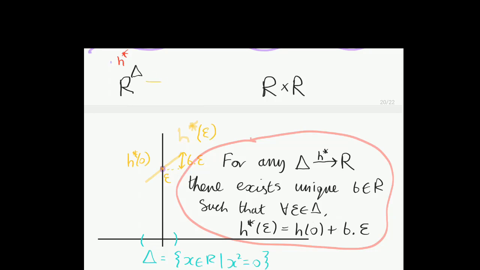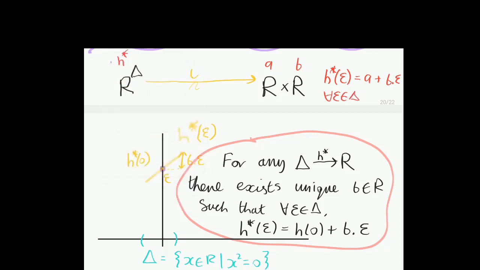So basically what I'm trying to say here is that there's an isomorphism, let's call it L, and L is going to send h star to these two numbers, a and b. And these numbers are such that we're going to have that h star of epsilon is equal to a plus b times epsilon. And that works for any epsilon in delta, okay?